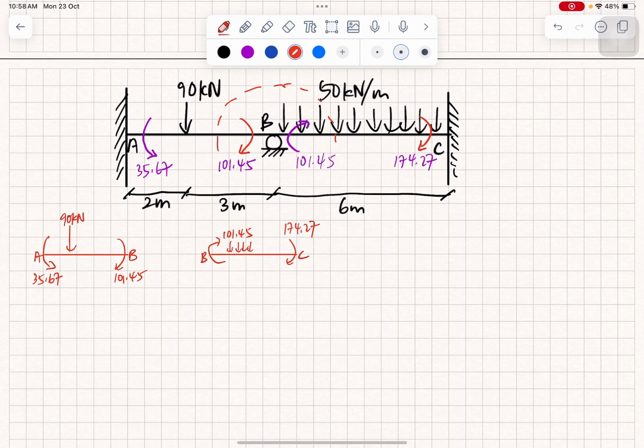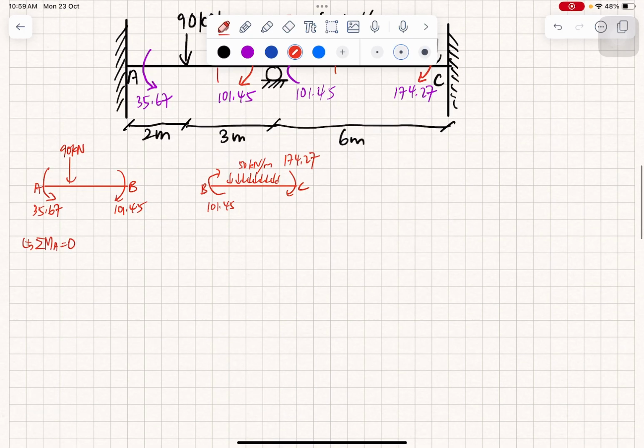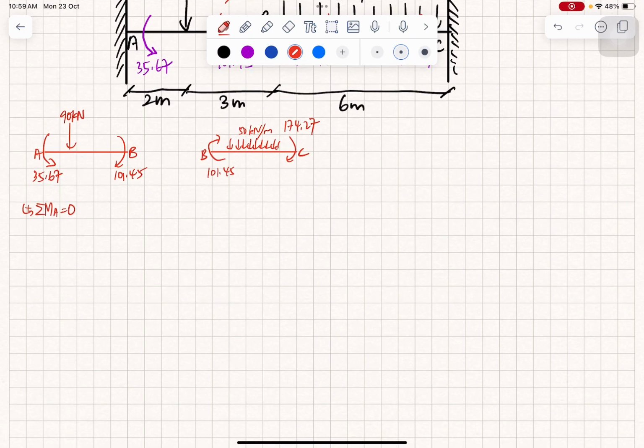We find the shear force. So I will write this down. Here will be 50 kilonewton per meter. So this is very simple. Use the equation of equilibrium to find the individual span.